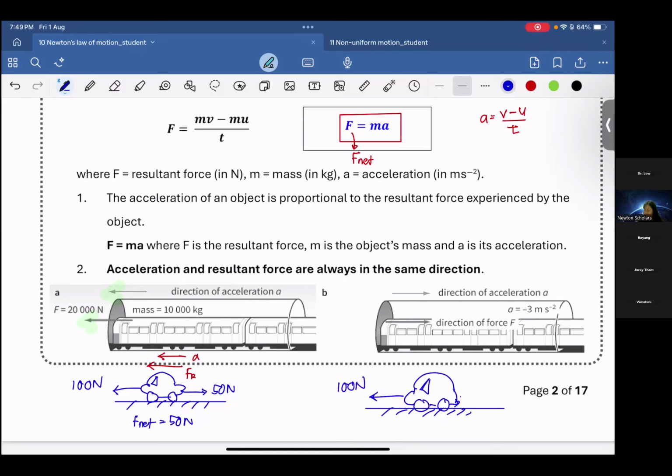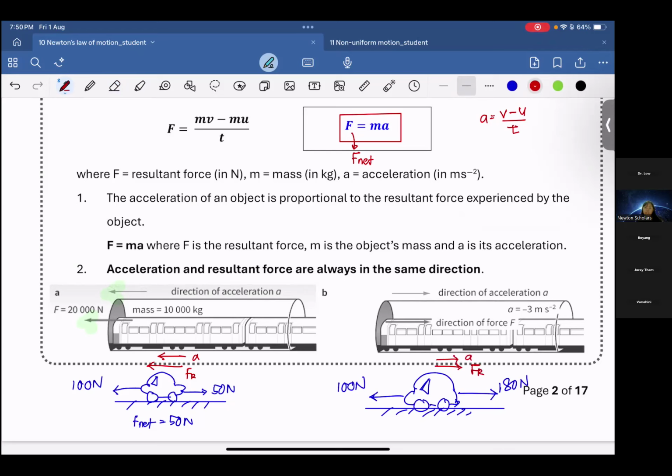Right now the strong wind blowing, so it will be greater than, let's say, 180 Newton, whatever. So at the end your resultant force will be facing backward here. Your acceleration direction is also here.